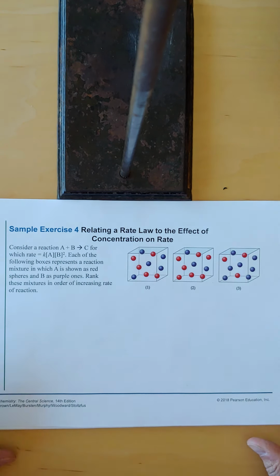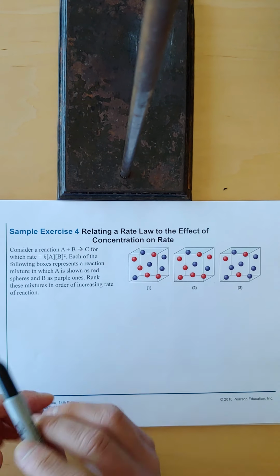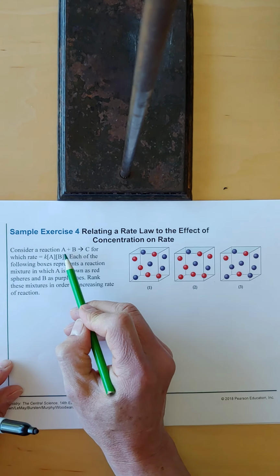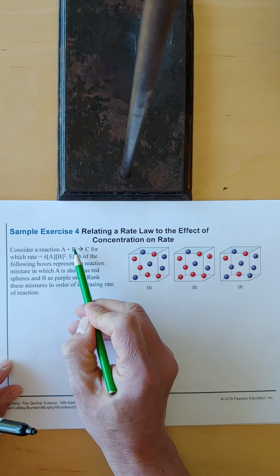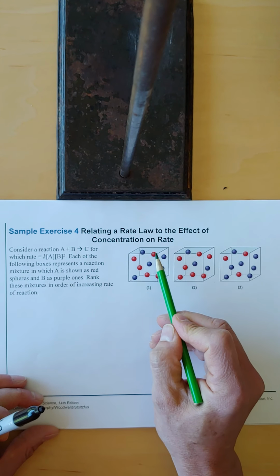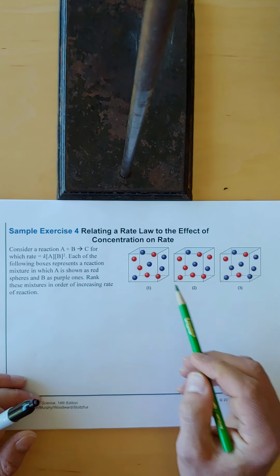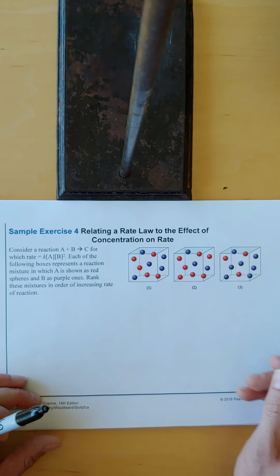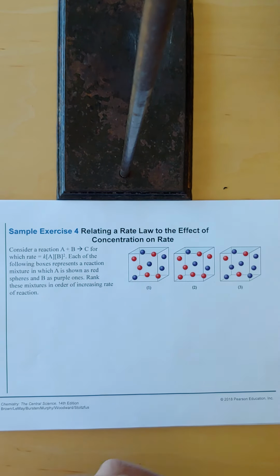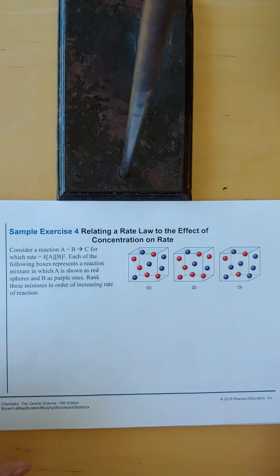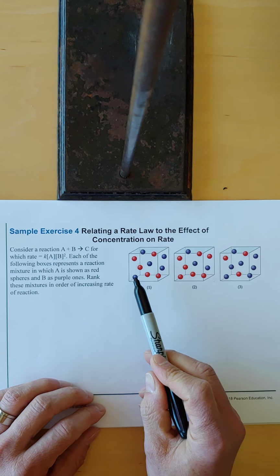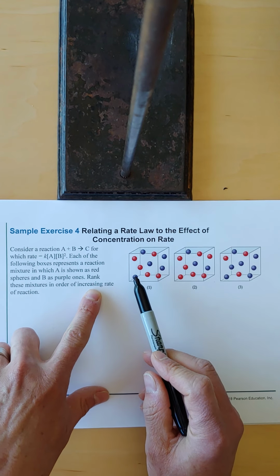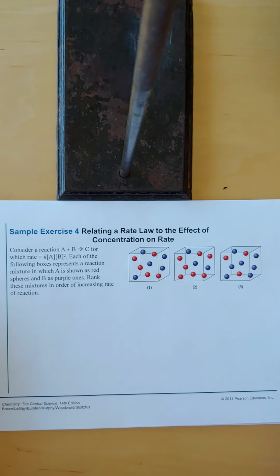This reaction tells us we've got A going to form B and C. My A's are red, and my purples are B. In these different reactions, I've got certain amounts of A and certain amounts of B. Depending on how much A and B I start with, how is that going to affect the overall rate of the reaction? Which one of these is going to have the fastest rate?